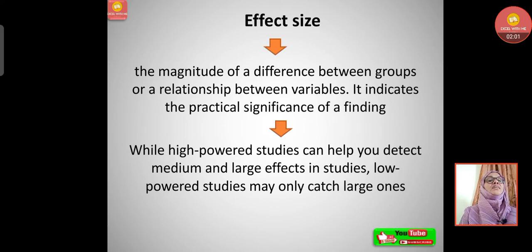Now we check the magnitude of the effect between two groups or a relationship between two or more variables. While high-powered studies can help you detect medium and large effects, low-powered studies may only catch large ones.